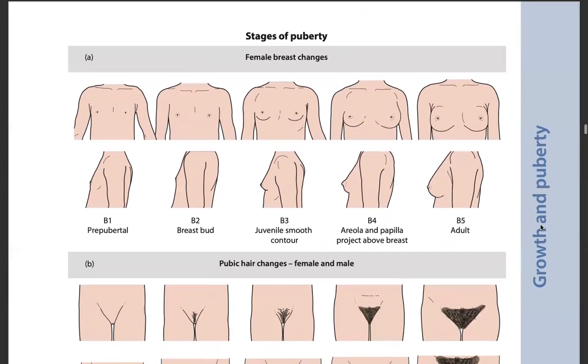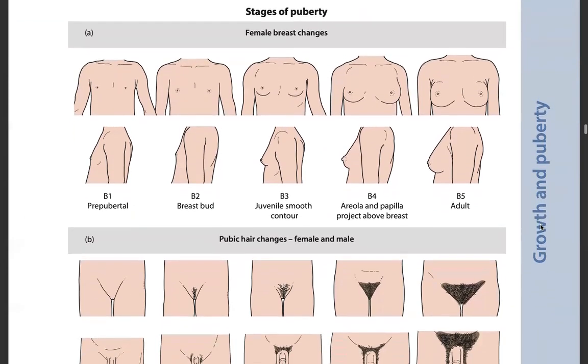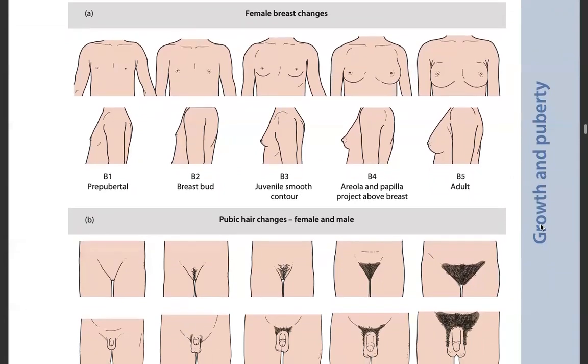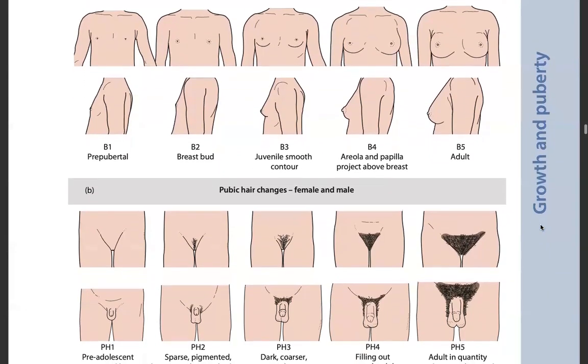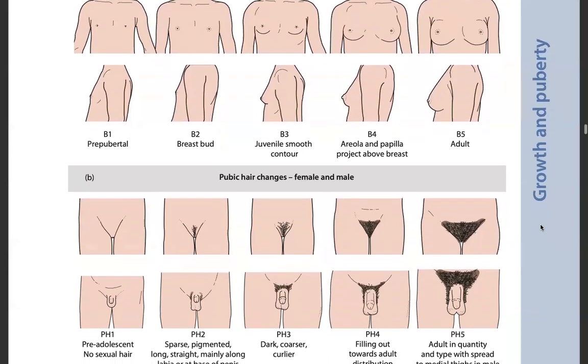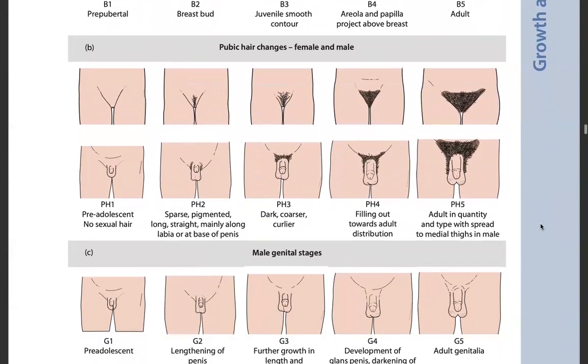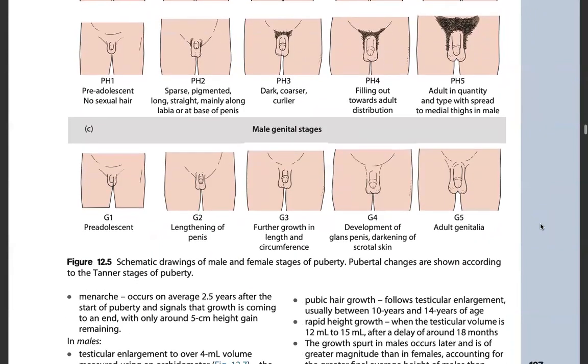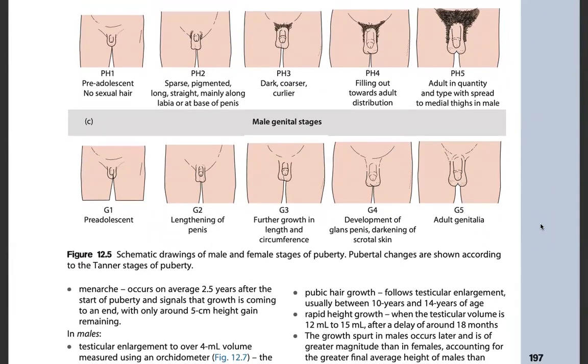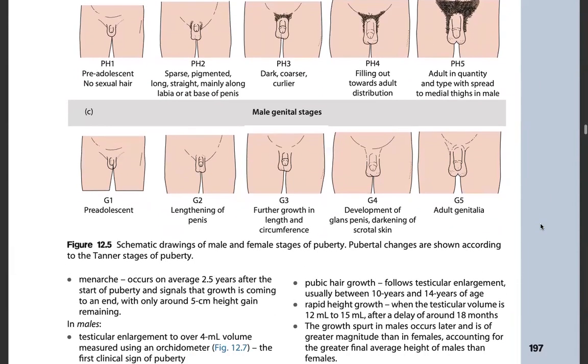These are the stages of puberty: female breast changes, and pubic hair changes in females and males. Schematic drawings of male and female stages are shown according to the Tanner stages of puberty.